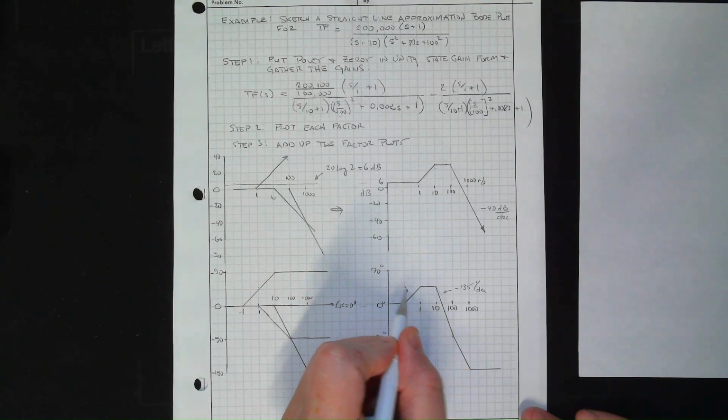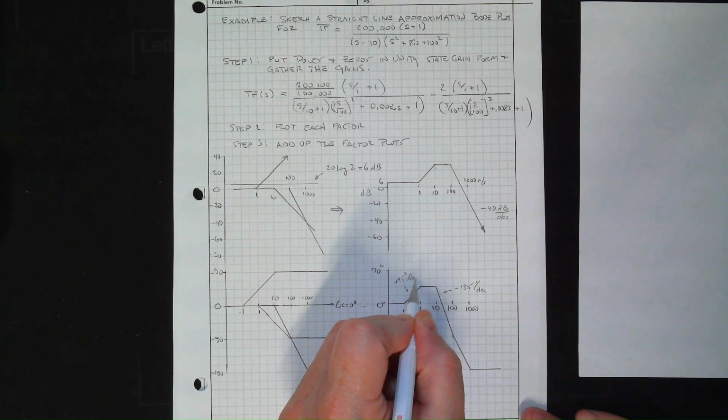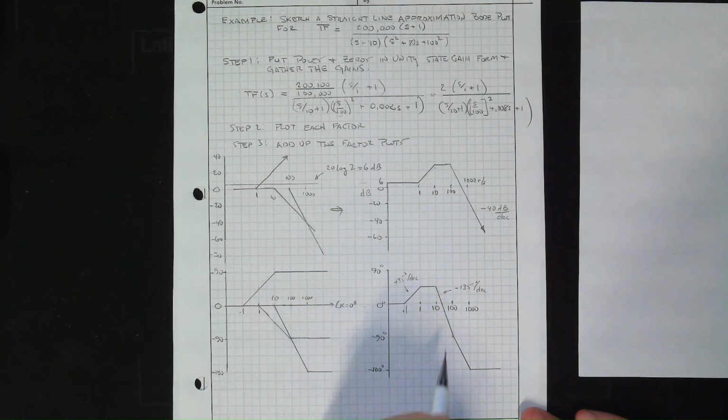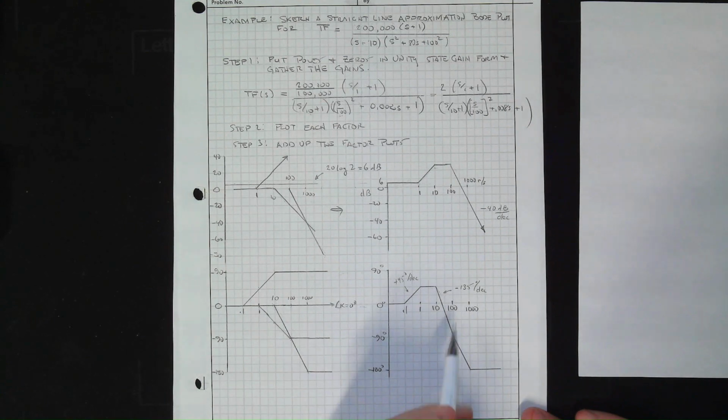Here was plus 45 degrees per decade. Obviously that's flat. Now, after 2 decades here, this minus 45 rate stops, and we're just left with this one to lose 90. So for this decade, from 100 to 1,000, we drop by minus 90 degrees. And so now we're at minus 180.